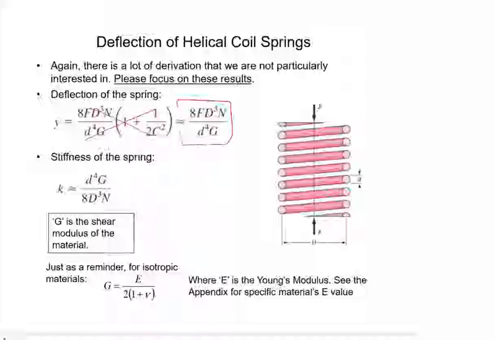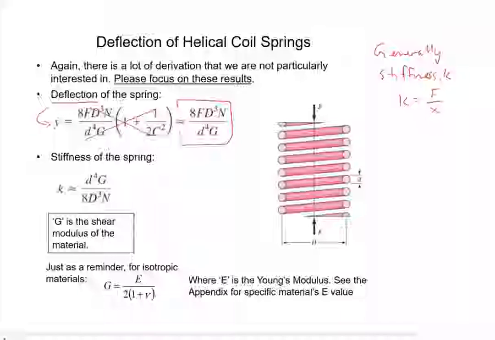And so we have a couple things here. Y is the deflection. So this is the deflection, Y. And the stiffness, remember, K, generally speaking, the stiffness K equals some force over some displacement.